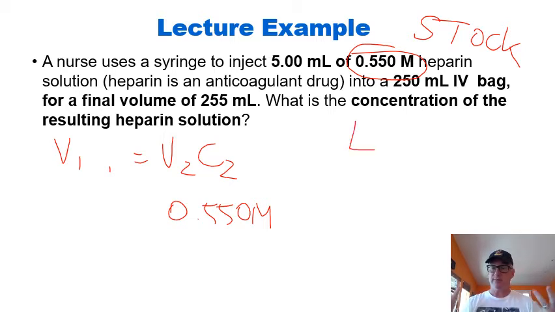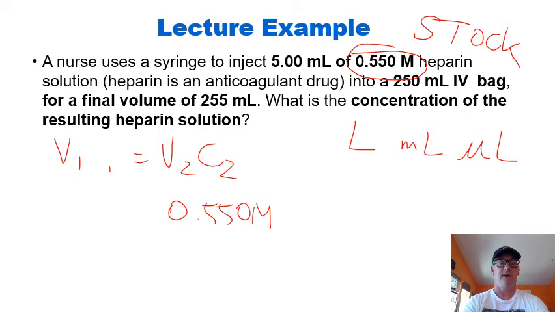We can use whatever volumes we want, because the volumes will cancel out. Basically, all we want is the dilution factor. So we can use milliliters, microliters, we can use whatever volumes we like. We can use gallons if we want, as long as we use the same unit top and bottom.